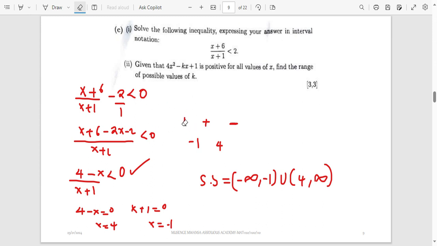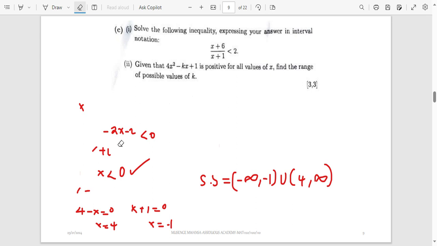Now we'll go on with part 2. Given that 4x squared minus 4x plus 1 is positive for all values of x, find the range of possible values of k.